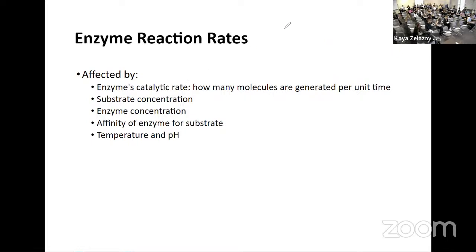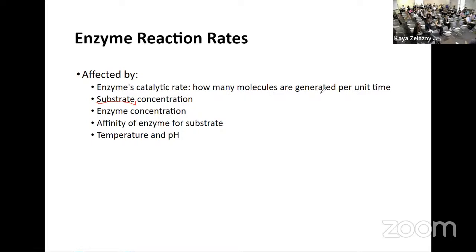Now we can change the overall rate of the reaction by changing some things about the enzyme and some things about the environment that the enzyme is acting in. Remembering, our substrate is our reactant. One thing that can make a difference in the rate of our reaction is how much of our reactant is sitting around.